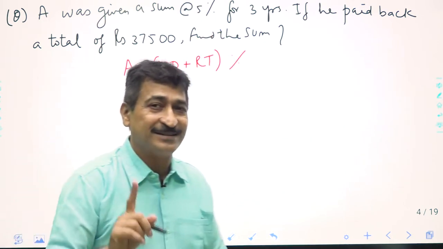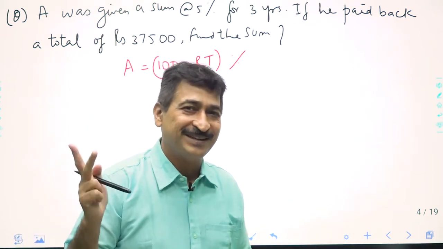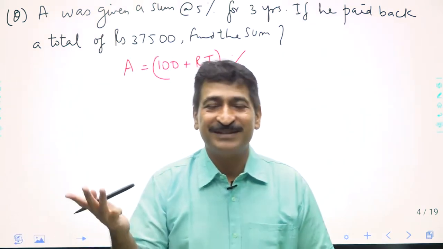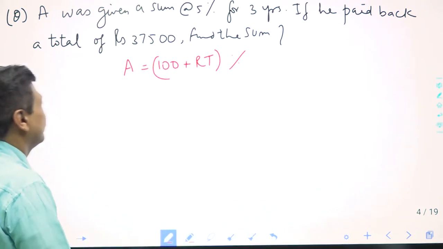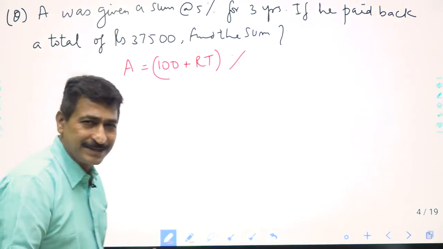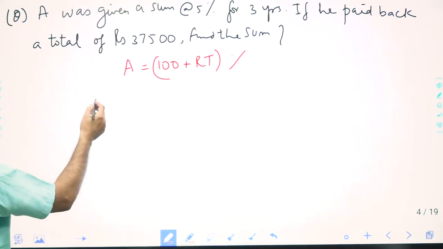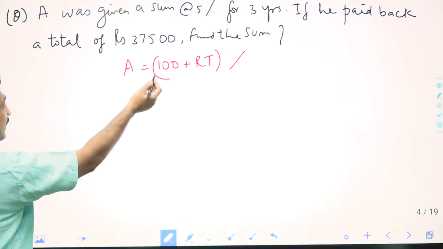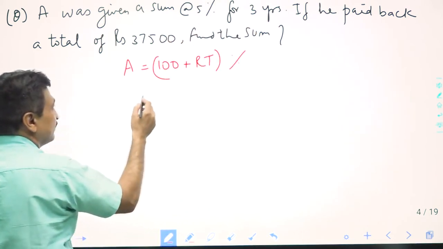Don't forget these three persons. My money 100%, total interest RT, money which came back 100 plus RT. It's very simple actually. Once you do 2, 3 questions, 5 questions, practice will make you perfect. Now 100, my money RT. How much is RT? 5 into 3, 5 3s are 15.